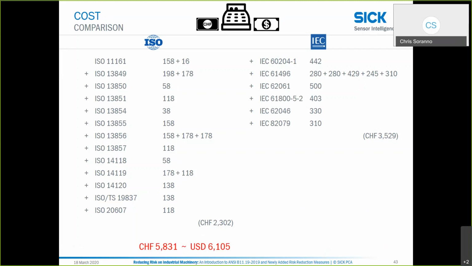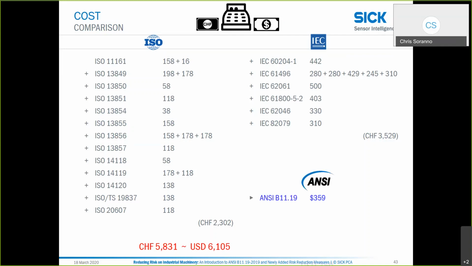But what we find in there is that there's still information in most of these standards that help with the application of risk reduction measures, which in North America, that's the responsibility of the end user, thanks to OSHA and the regulation that we have. So actually obtaining all these standards in an international model is quite costly, which unfortunately is a barrier to most small and medium enterprises to obtaining this information.